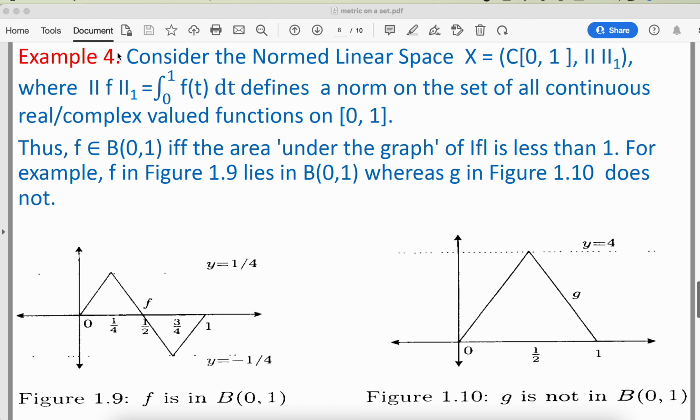This norm defines a norm on the set of continuous real valued functions on [0, 1]. Thus f belongs to B(0, 1) if and only if the area under the graph of the modulus of f is less than 1. For example, f in the figure lies in the ball centered at 0 and radius 1, whereas g in this figure does not lie in the ball. This is the ball: f is in B(0, 1), and here g is not in B(0, 1).